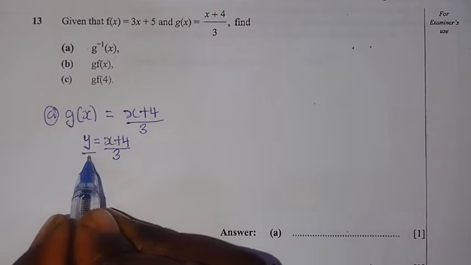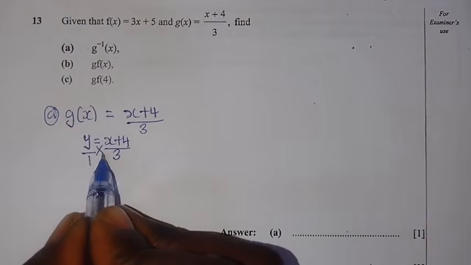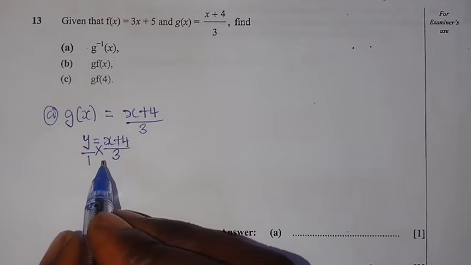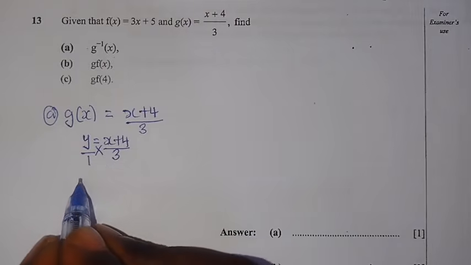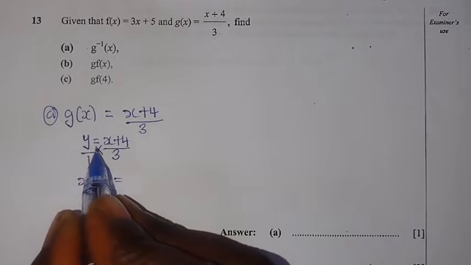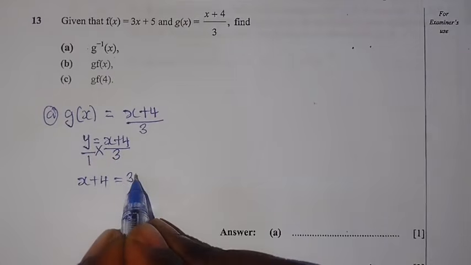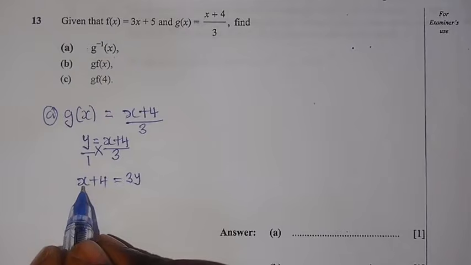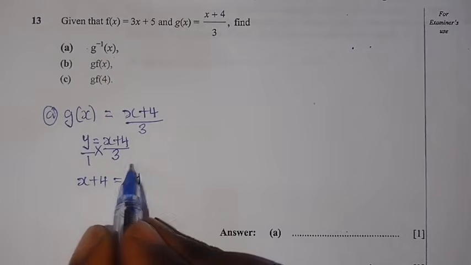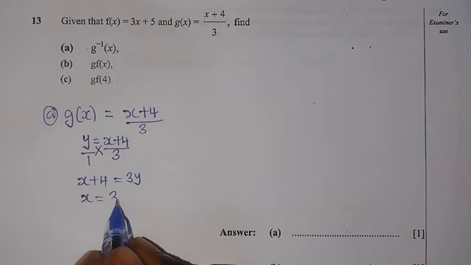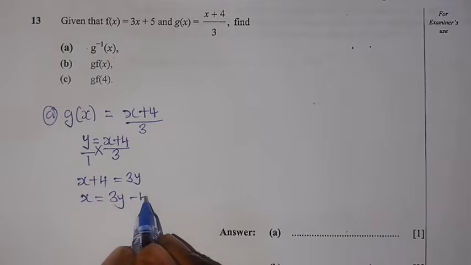We divide this side by 1 so that we can cross multiply. So 1 times (x plus 4) gives the same thing, x plus 4, is equal to y times 3, which is 3y. Then we make x the subject of the formula. This positive 4 will go to the right hand side, so we remain with x is equal to 3y minus 4.